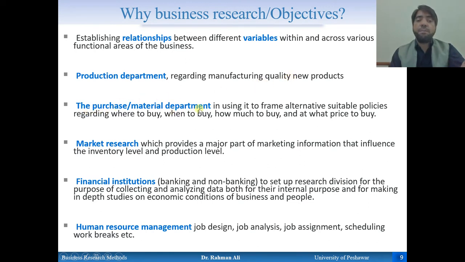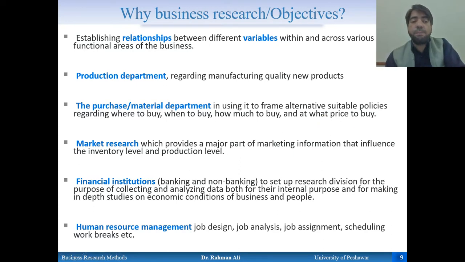Similarly, the purchase and material department can also be helped out if you have business research. If you know the current demand and supply situation and what the future demand will be, you can easily identify what to buy, when to buy, where to buy, and at what price to buy.